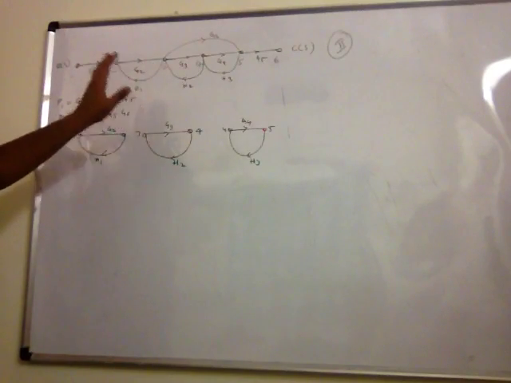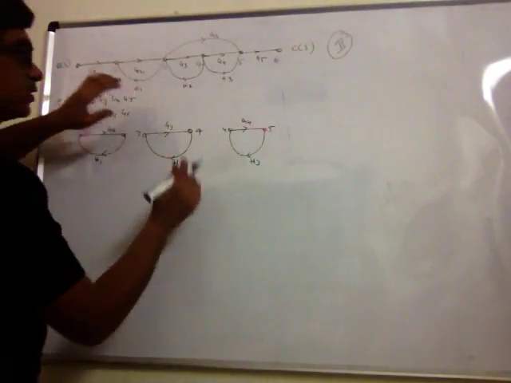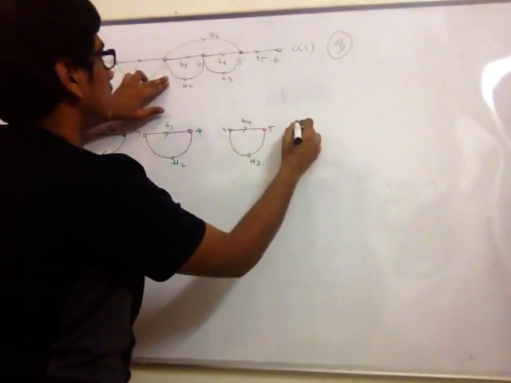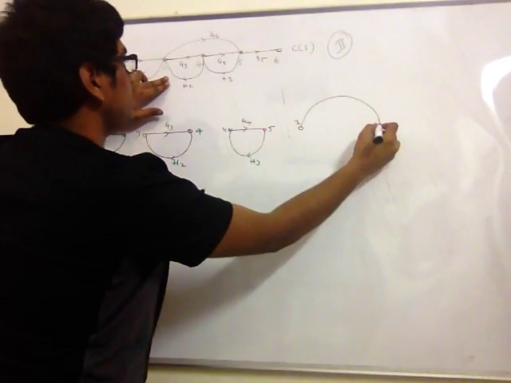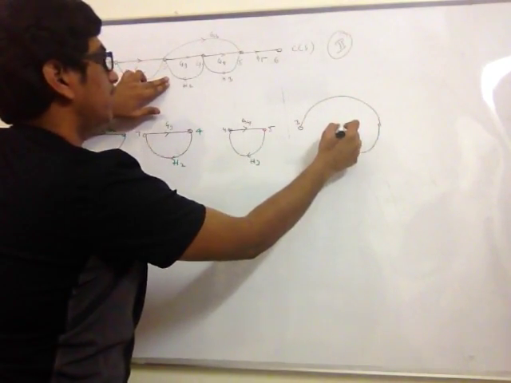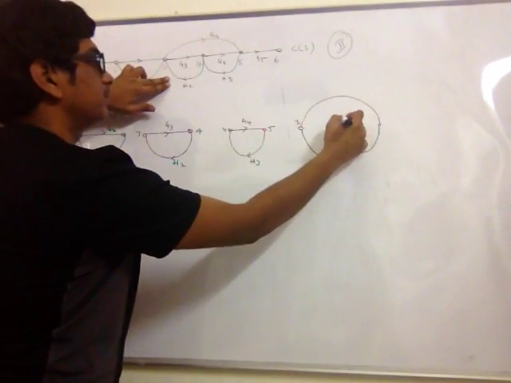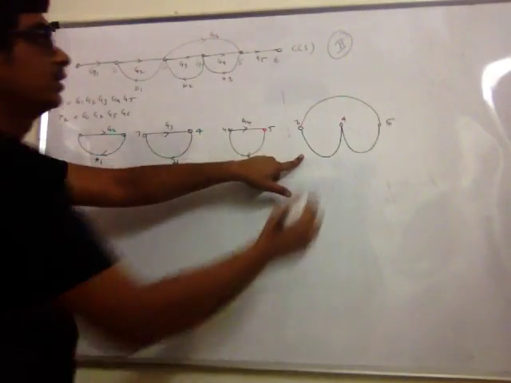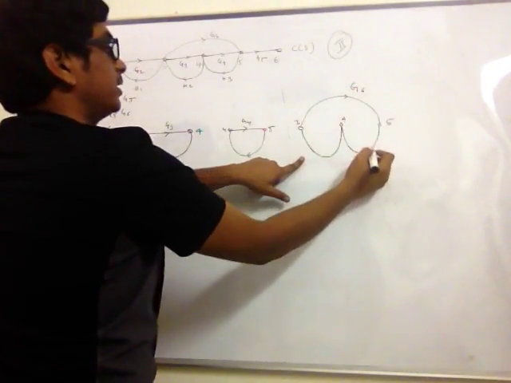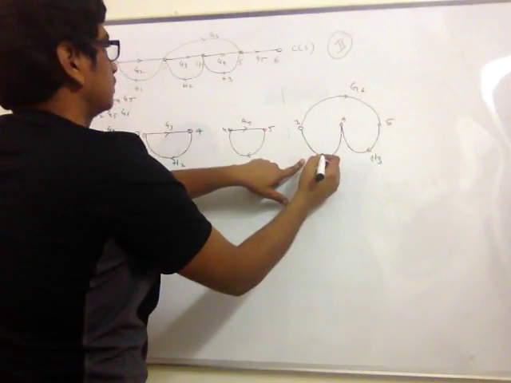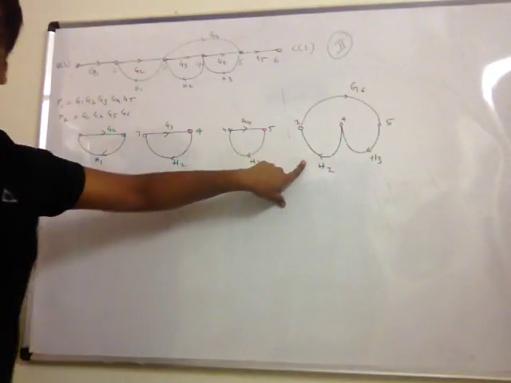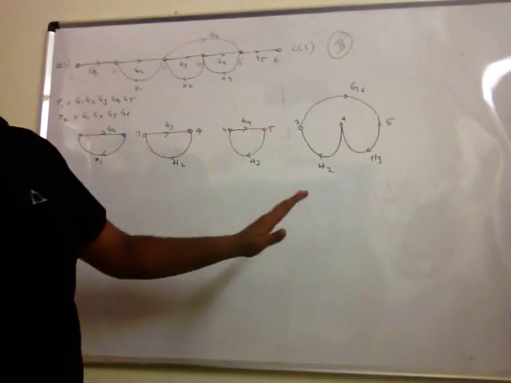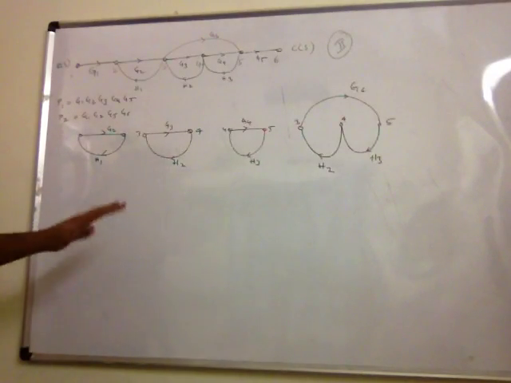So the loop is going to be a little bit different. This is going to be our loop. Now mark the arrows and write down the gains given in the question. There we go. Now we have all 4 individual loops of this signal flow graph.